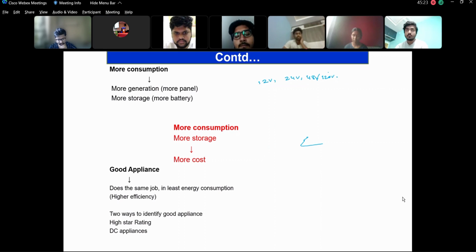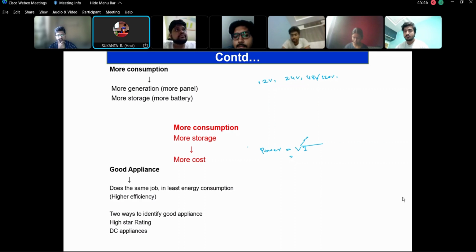You know what input power is? Sorry, the input power we are talking about. The power is nothing but the multiplication of V into I.